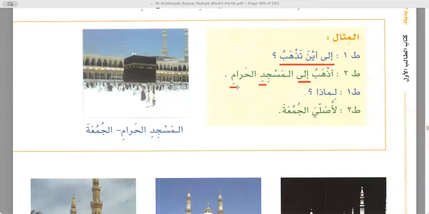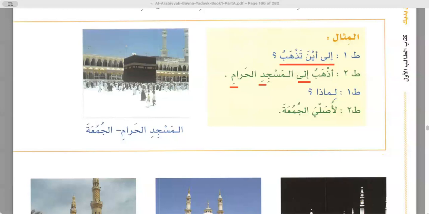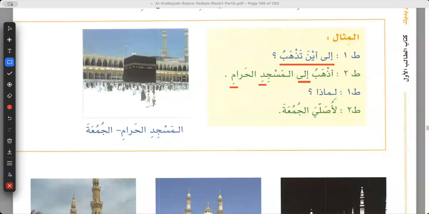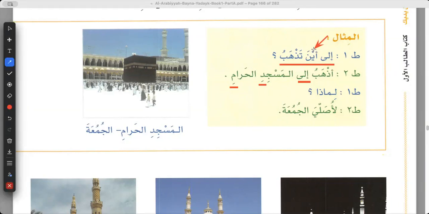إلى أين تذهب؟ أذهب إلى المسجد الحرام. Somebody may want to ask, if anything coming after ila will take kasra, why is aina not taking kasra? So aina is one of the adatul istifham, the instrument we use to ask question.